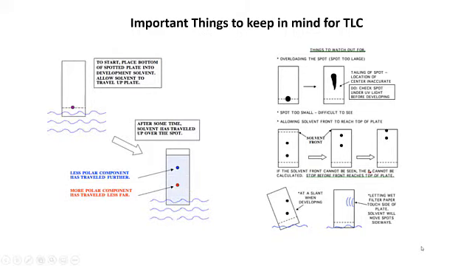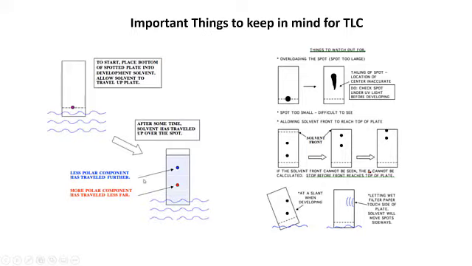Certain things to keep in mind for TLC, though I have mentioned some of them during the experiment. When you put the TLC plate into the solvent, make sure the level of solvent is below the spot. Otherwise, the spot will dissolve into the solvent, and there will be nothing to travel up the TLC plate.